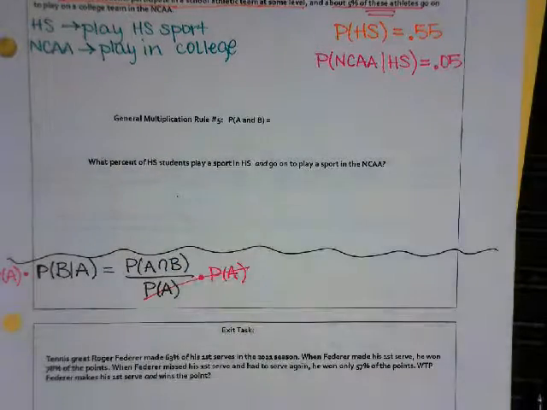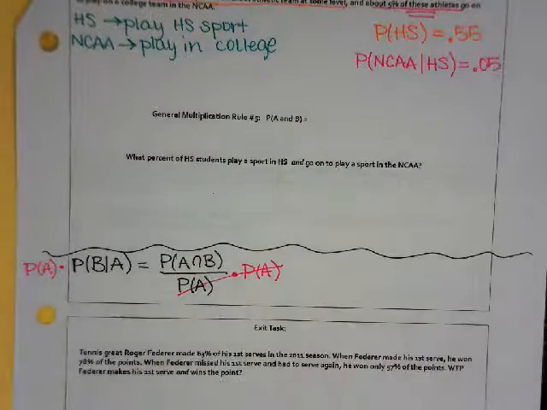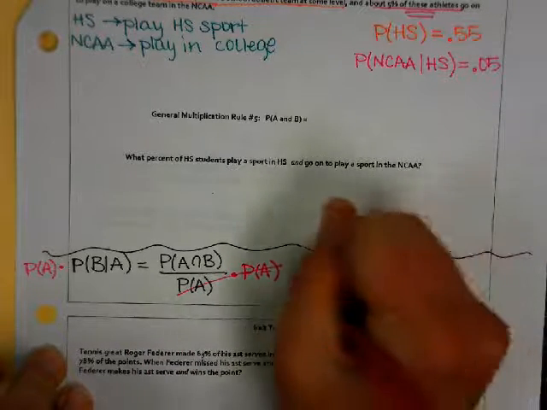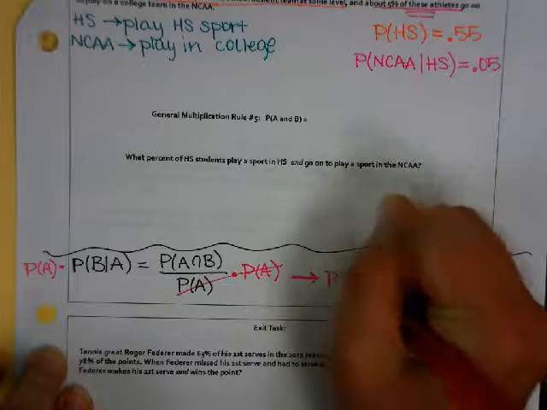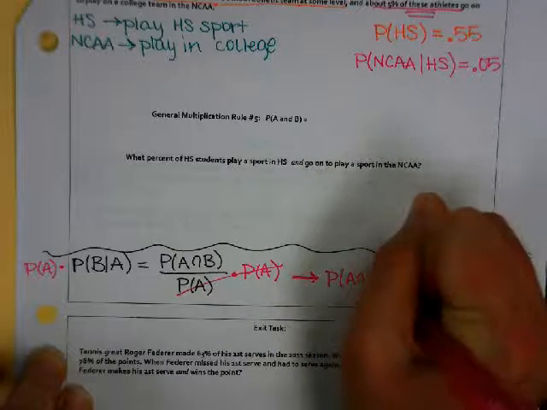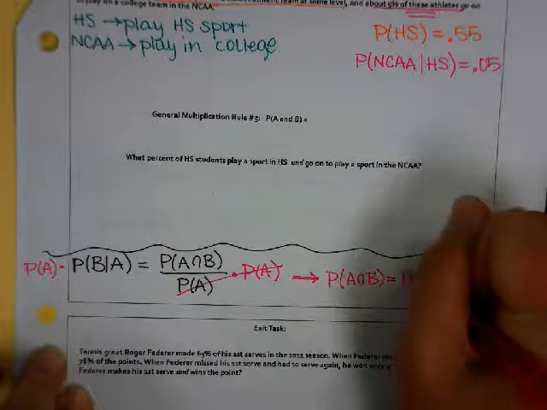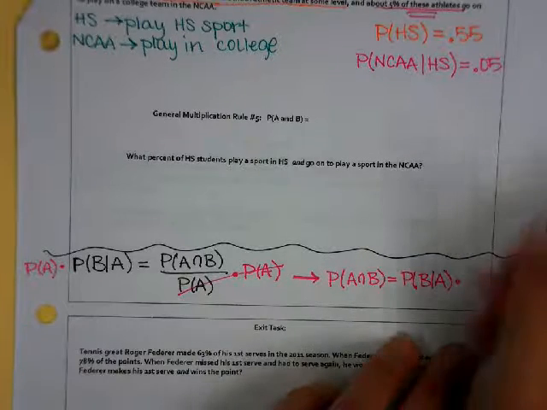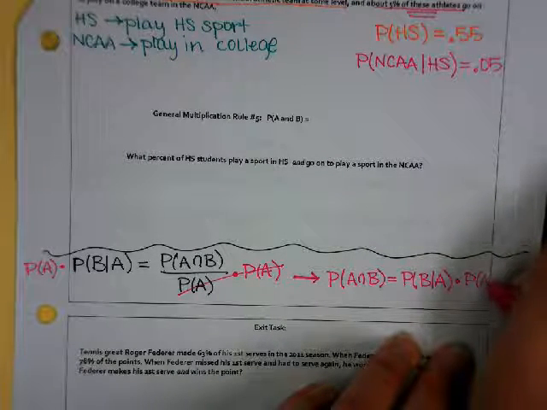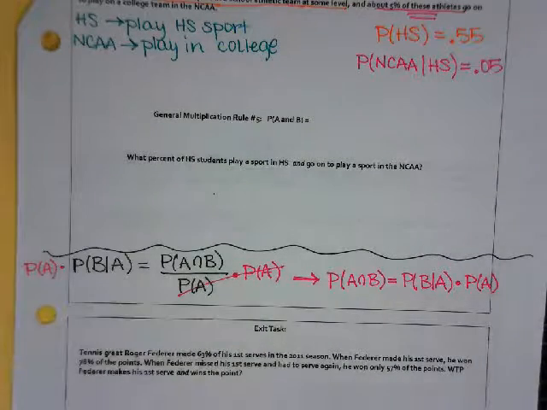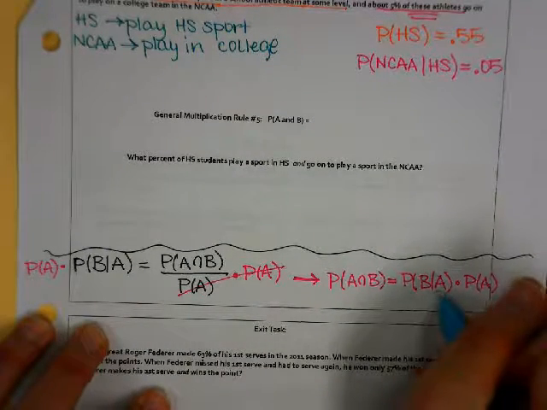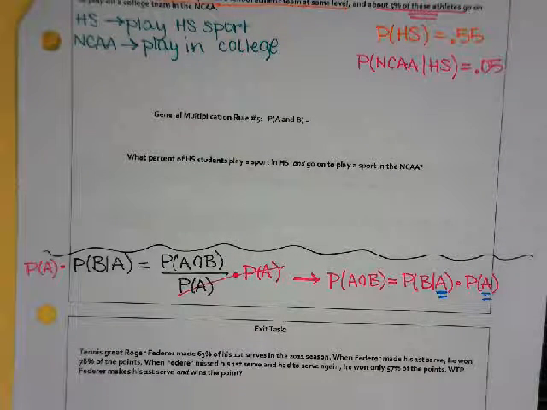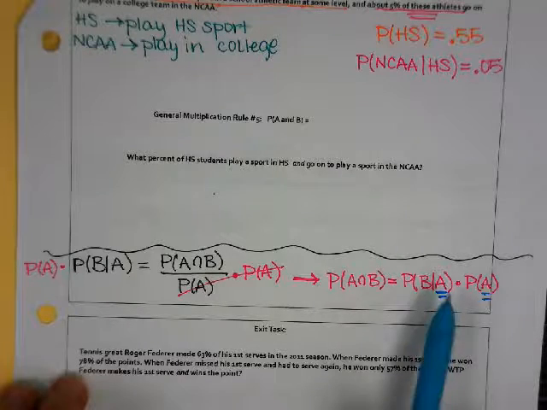So our general multiplication rule tells us that the probability of A and B can be found by taking the probability of B given A happened and multiplying it by the probability of A. Key thing to notice here, A was given and we're multiplying by the probability of A. Whatever the given condition is what you have to multiply by for this general multiplication rule to work.